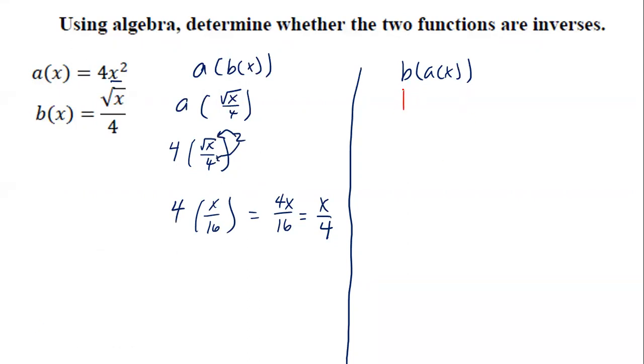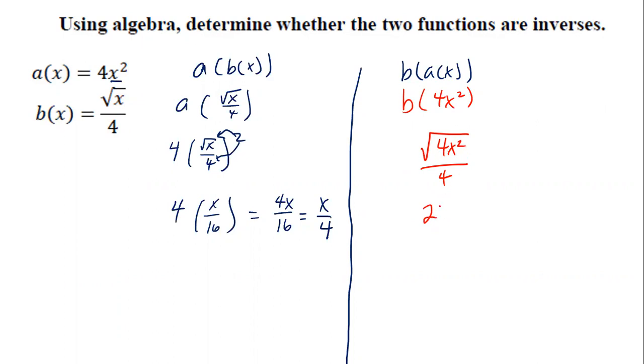So now we have b composed of 4x squared. Looking at b, everywhere there's an x, we're going to put 4x squared. So we have the square root of 4x squared over 4. Okay, the square root of 4 is going to give us 2.